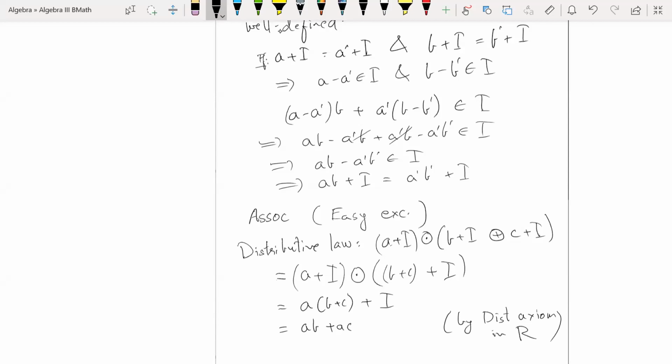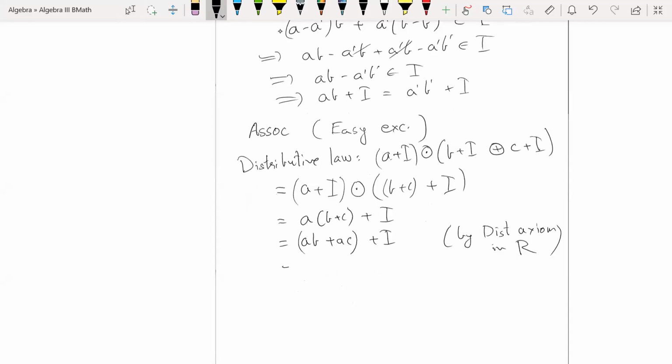So this particular element, A times B plus C, is the same as AB plus AC, and then plus I. And then we work backwards. So this is the same as AB plus I plus AC plus I, and this of course is the same as A dot B plus I plus A dot C plus I.